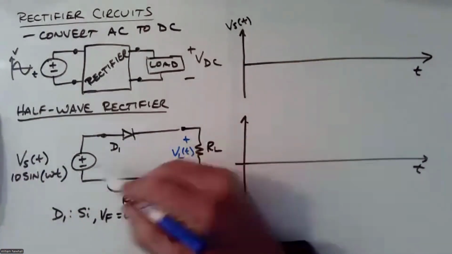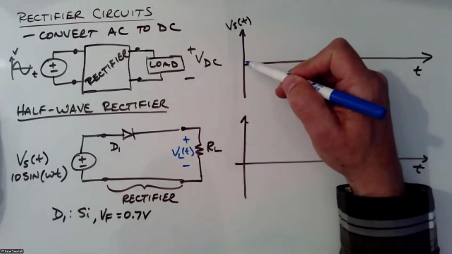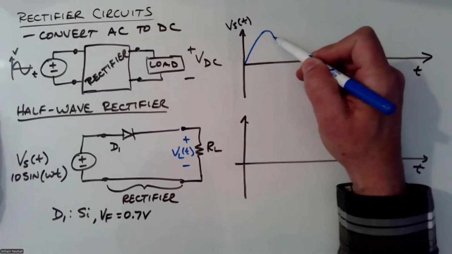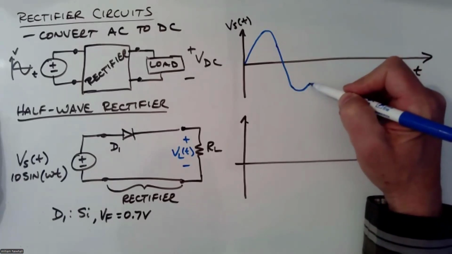Okay, so the source is a sinusoid, a sine wave. And let's draw this out here like this, approximately.